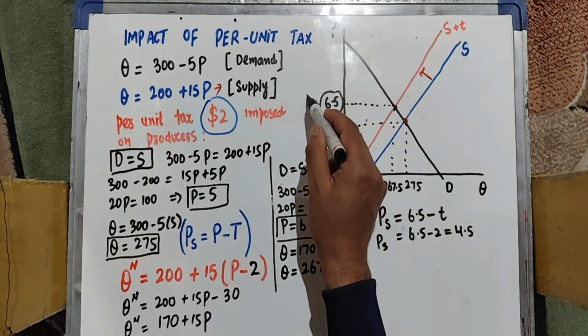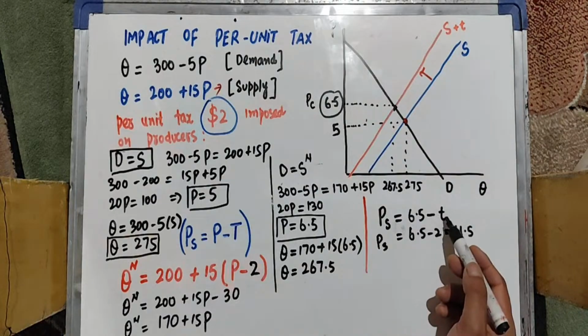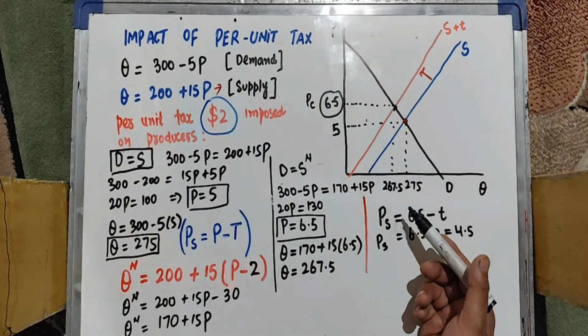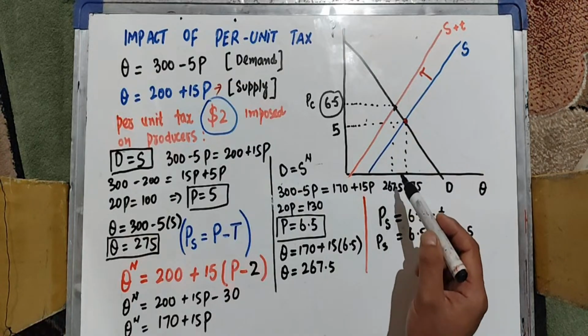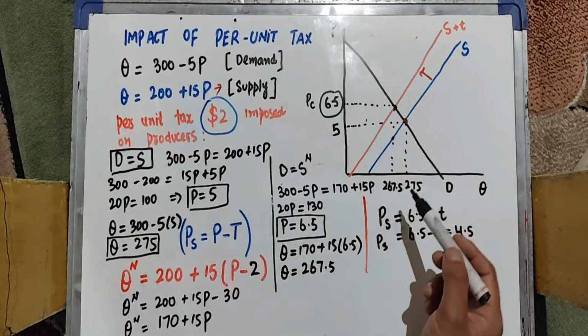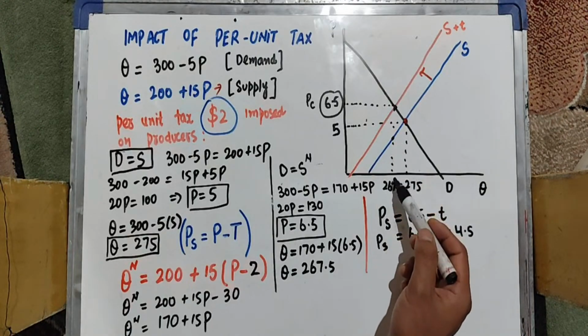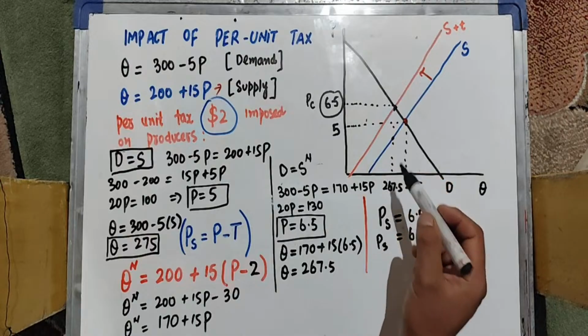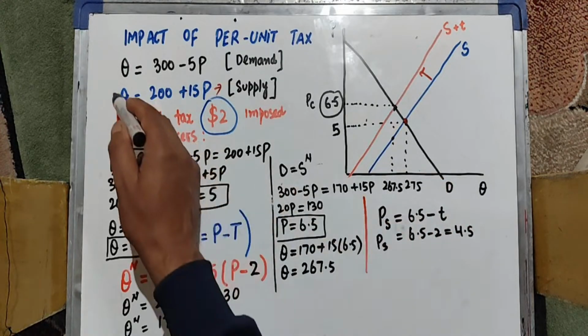This is the price that consumers will pay. Another way of finding this, if you find there is no intuition here, is that we solve the initial supply function at the new equilibrium quantity. That means we plug Q equal to 267.5 in this equation.